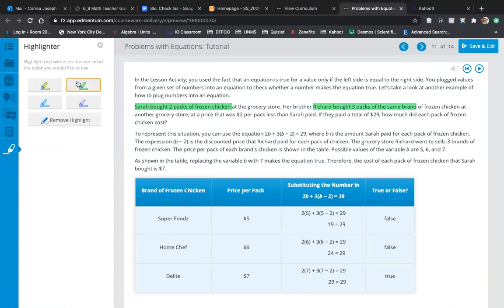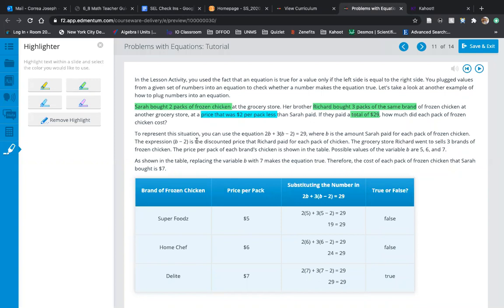They apparently like a lot of frozen chicken in this house. And a price that was $2 per pack less than what she paid, right? So this part of information is actually important. It costs less money than how much she paid for it. It says altogether they paid a total of $29. How much did each pack of frozen chicken cost?